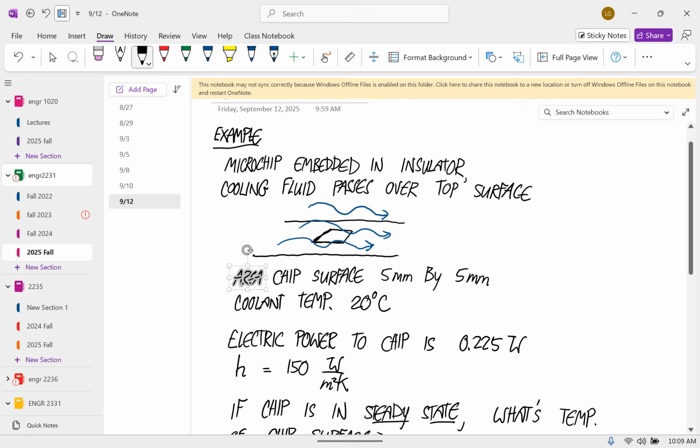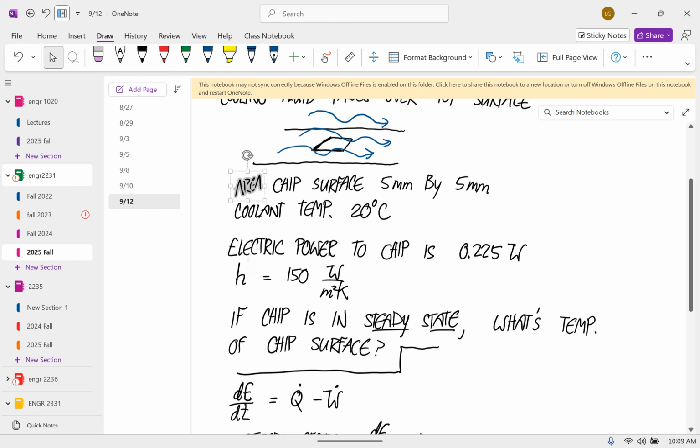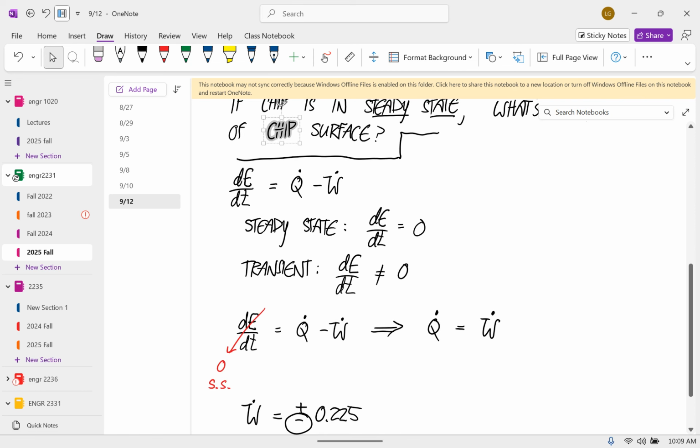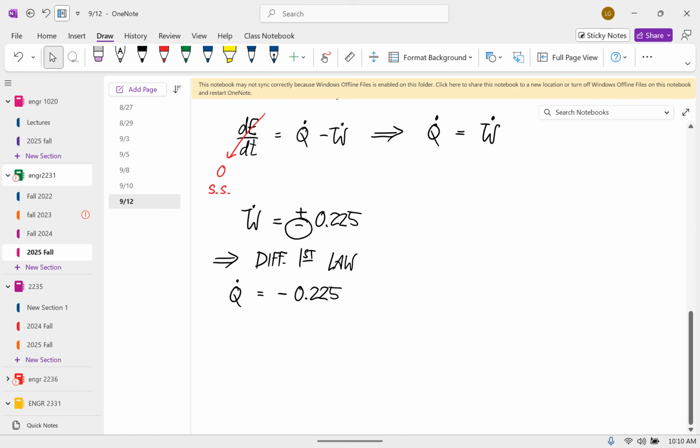Since we're talking about fluid moving and carrying energy away from the system, this is convection. You can also tell that because we have this H constant. And so the equation for convection says that Q dot is equal to plus or minus H times the area that's in contact with the fluid times the quantity temperature of the body minus temperature of the fluid.